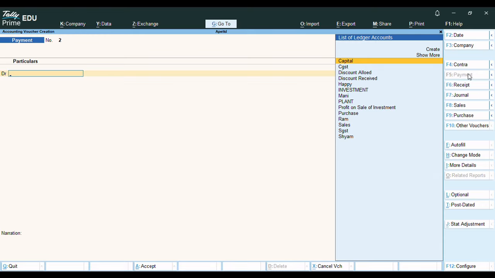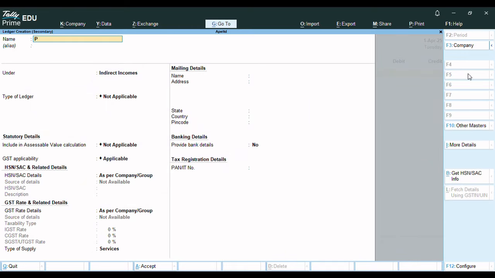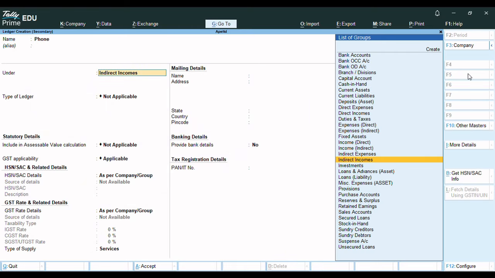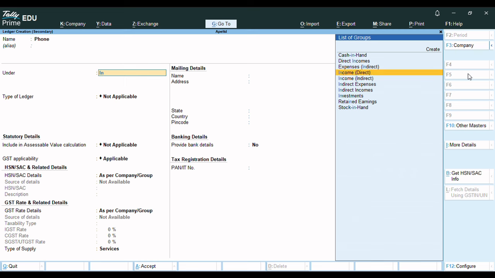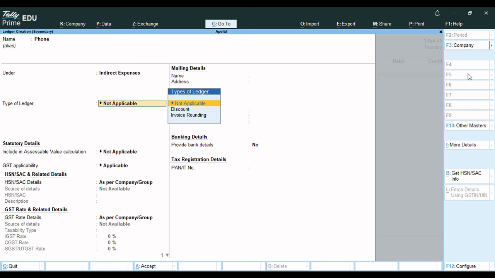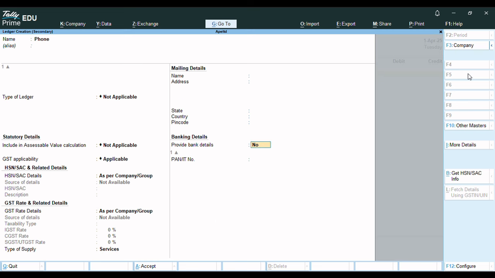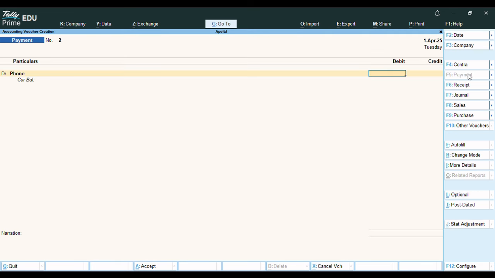Phone account is not there, again we will do Alt C, phone under indirect expenses, then debited.